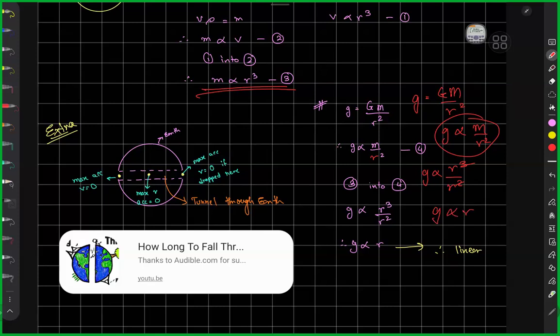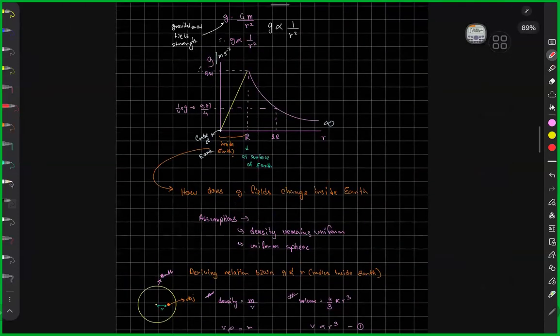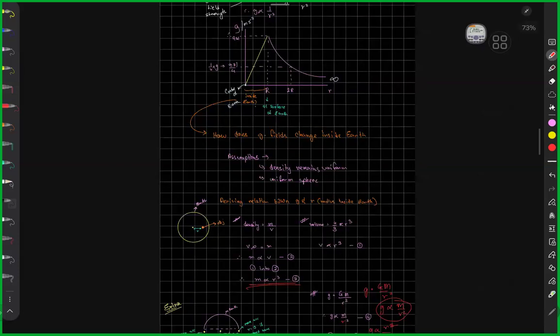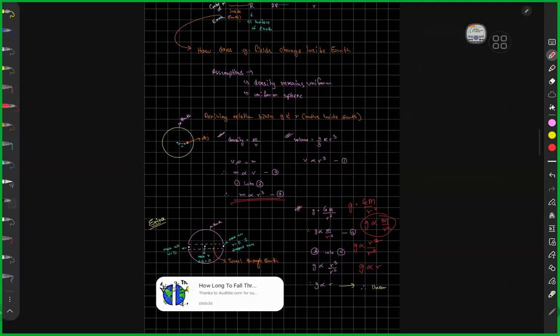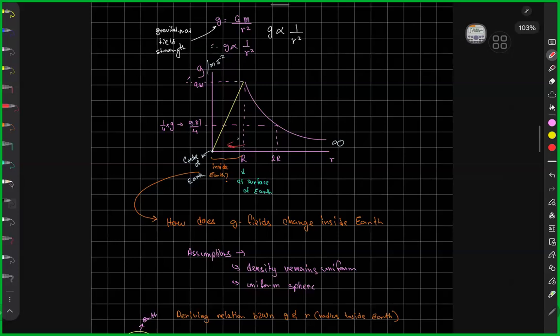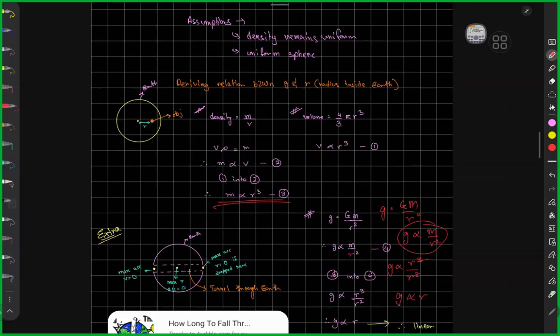What does this tell you? This now tells you, as you decrease the radius inside of Earth, all of this analysis being inside of Earth while the density is constant, my gravitational field strength g must decrease linearly. What is the power over here?